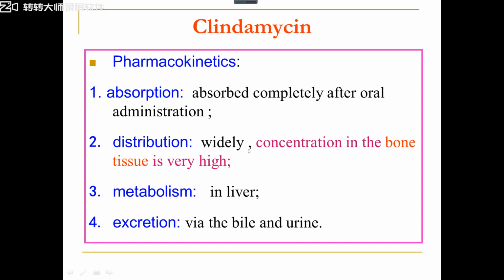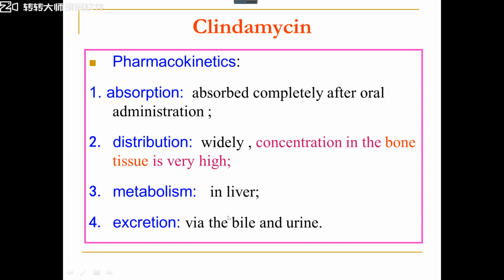It can be distributed widely, and the concentration in the bone tissue is especially high. What's the meaning? That means high concentration in bone tissue. So later, clindamycin and lincomycin are mainly used to treat bone and joint tissue infections, because the concentration of these drugs in the bone tissue is higher than in other tissues.